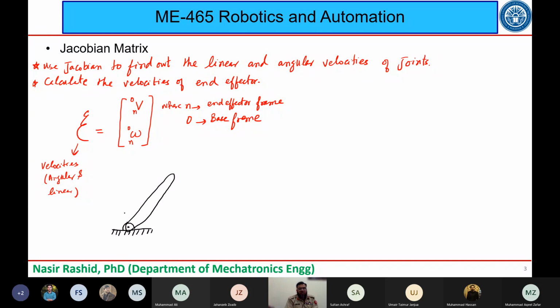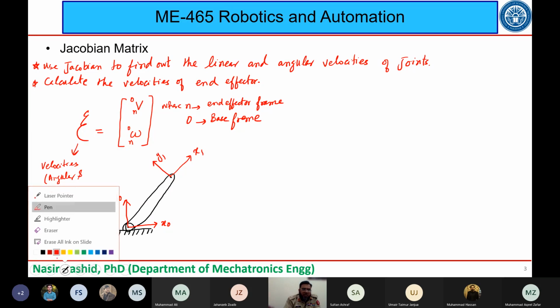Let me just try to make it look like a link. Okay, I think that is a little better now. So let us now attach the frames as we have already been doing. This is x0 and this is y0, and if I attach a frame here, this will be x1 and this will be y1, and you know that we have an angle theta which is here.